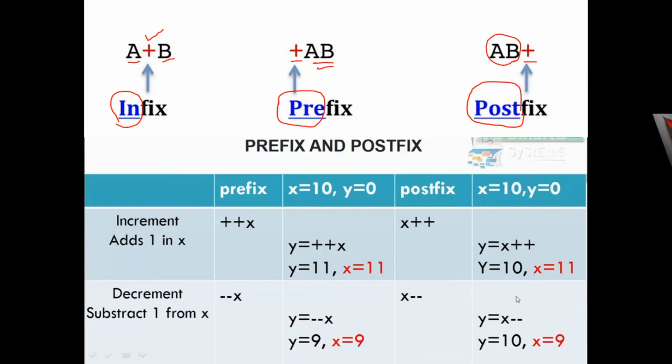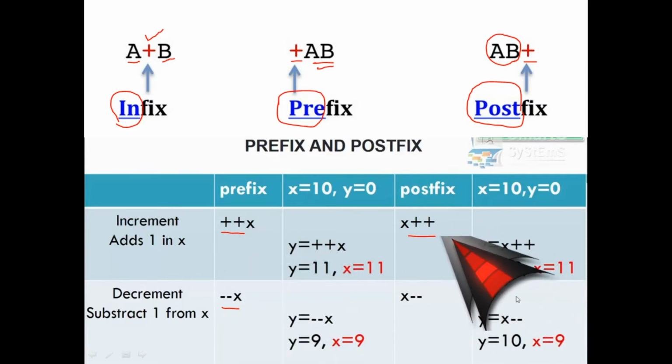The prefix and postfix operators are basically present in two forms: plus plus and minus minus. So we have prefix, which is plus plus and minus minus, and similarly postfix, which is plus plus and minus minus.